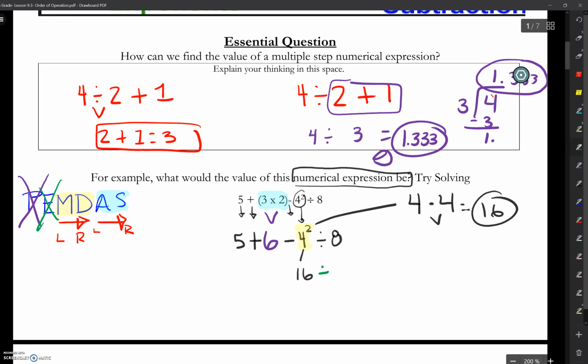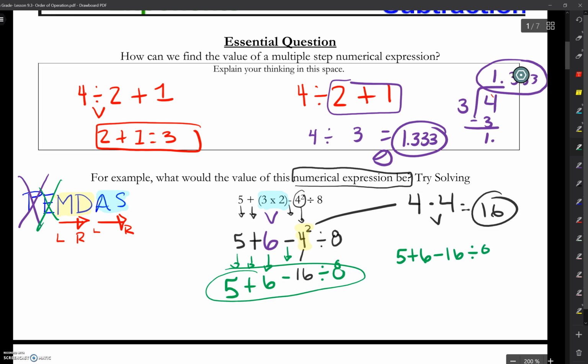And I'm going to use a different color. 8. I'm going to bring my division, my subtraction sign. I'm going to bring my 6. I'm going to bring my plus sign, and I'm going to bring my 5 down. So now I have this problem, and I kind of messed up on it. So here's my problem. I'm going to rewrite it. So it's 5 plus 6 minus 16 divided by 8.